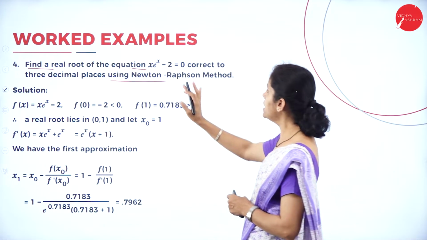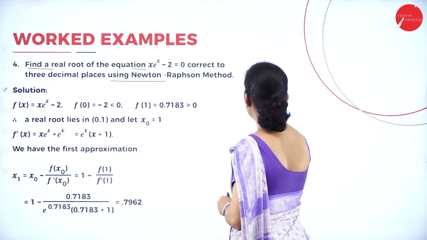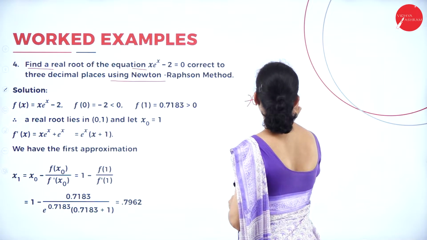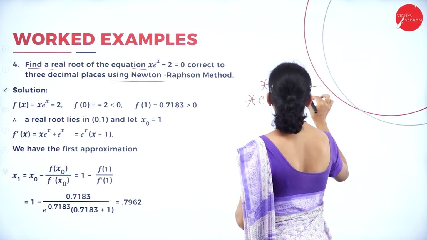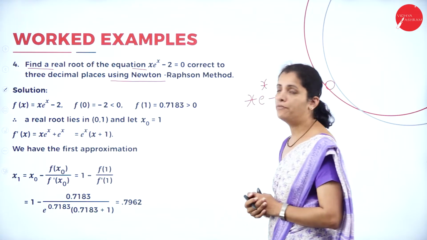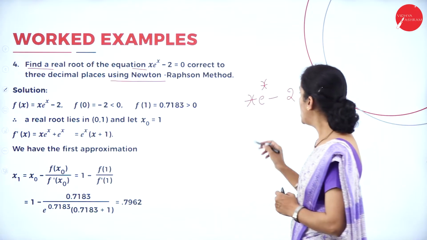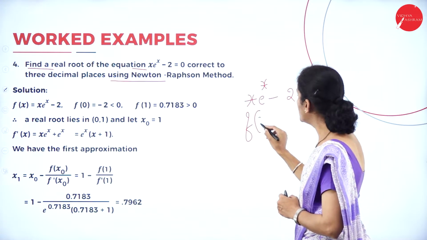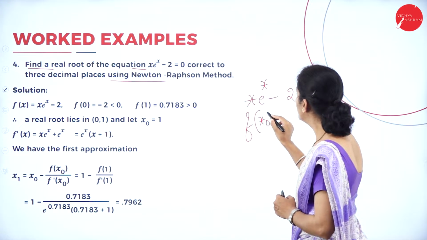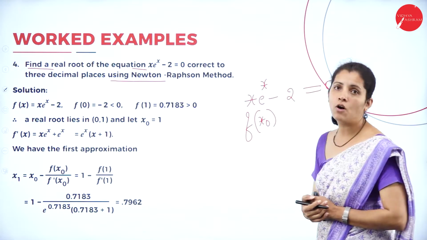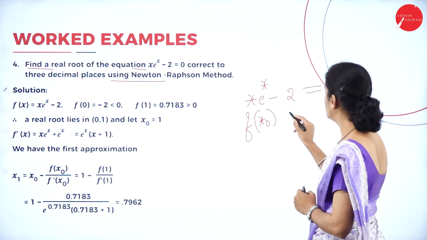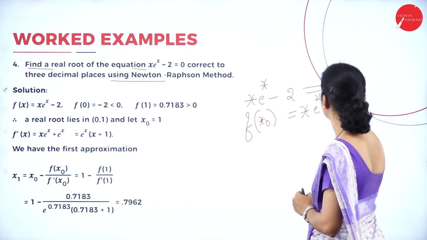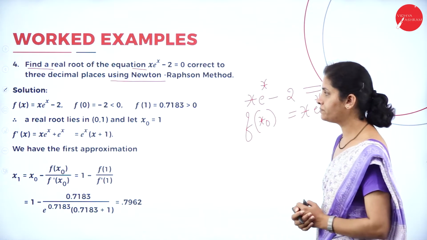So I have the equation, x e to the power x minus 2 equal to 0. First I want to write this equation in the form of f of x or f of x0, that is x e to the power x minus 2.